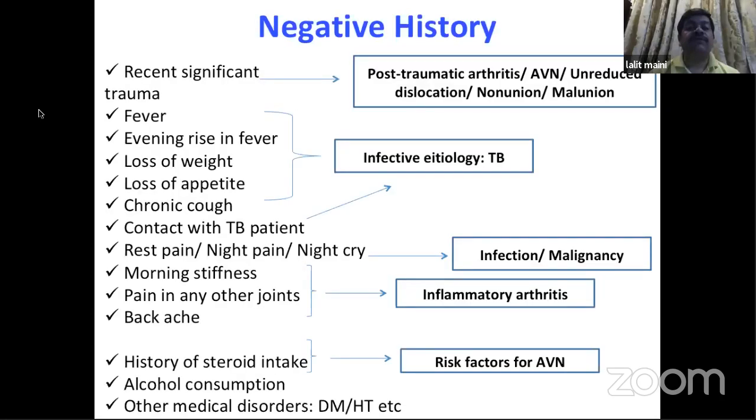And then the negative history: recent significant trauma, fever, the type of fever, cough, contact with a TB patient, whether the patient has morning stiffness, whether he has other joints involved. Depending upon the symptomatology, you would like to present a negative history, which will actually support your diagnosis at the end of the day.